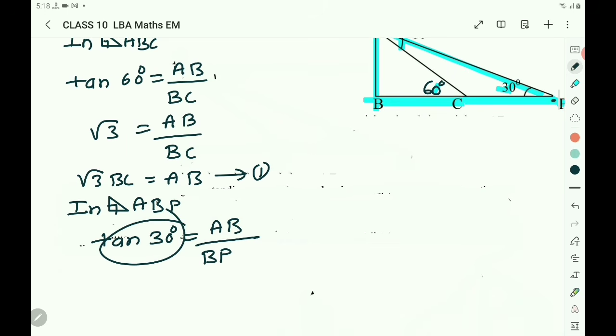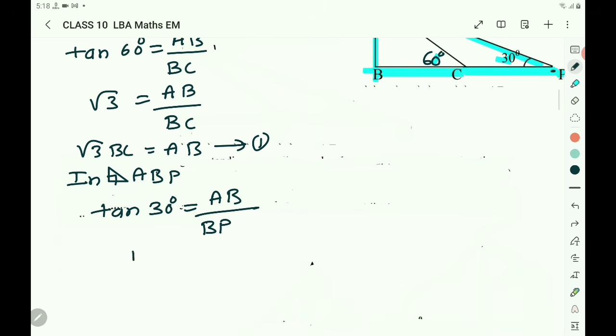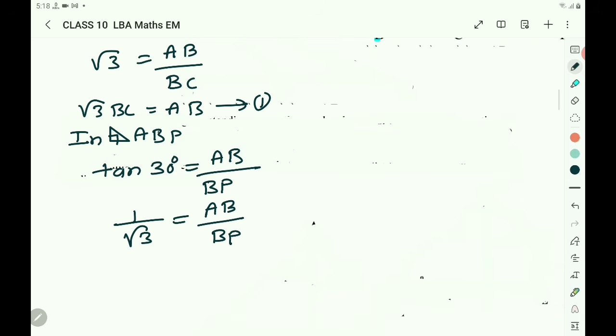Tan 30 is 1 by root 3, so 1 by root 3 equals AB by BP. Then 1 into BP equals root 3 into AB, or expressing in terms of AB, BP by root 3 equals AB.